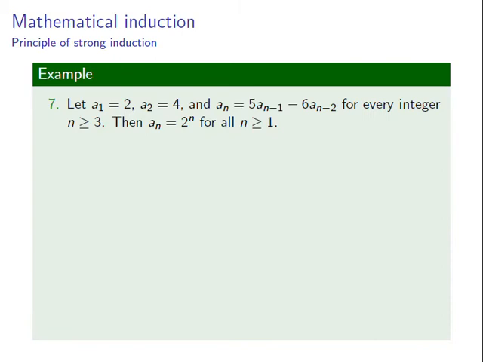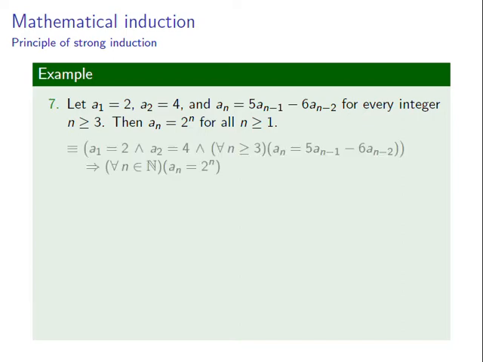As an example, consider the following claim. Let a1 be the integer 2, a2 be the integer 4, and let an be equal to 5a(n-1) minus 6a(n-2) for every natural number n greater than or equal to 3. Then an is equal to 2 raised to n for every natural number n greater than or equal to 1.